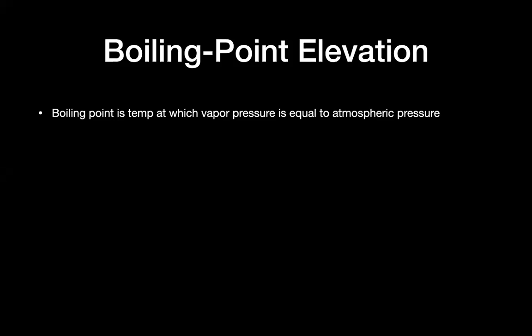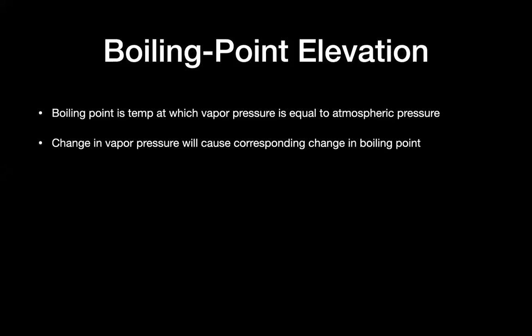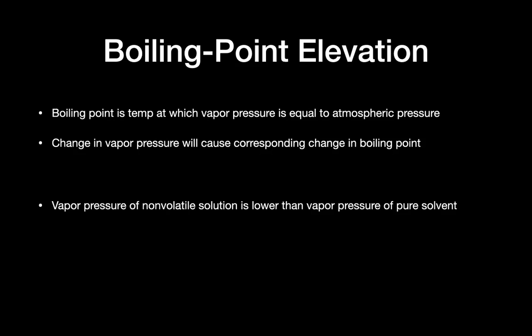That's why as you go up a mountain and atmospheric pressure decreases, your boiling point becomes lower, because the atmospheric pressure is being lowered. So change in vapor pressure is going to cause a change in boiling point. The vapor pressure of a non-volatile solution is lower than the vapor pressure of the pure solvent. That's what I started talking about first.